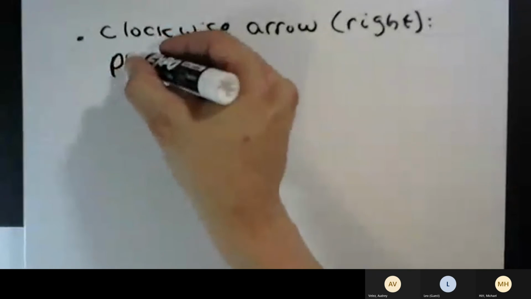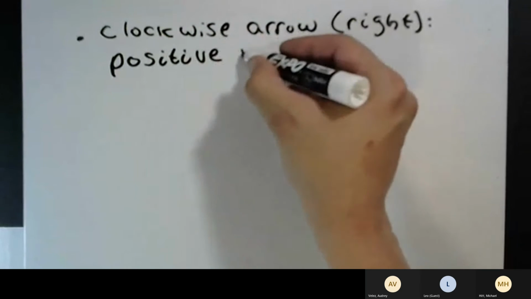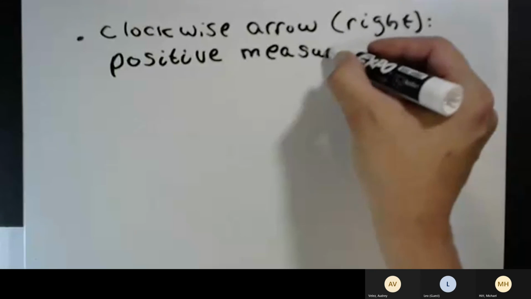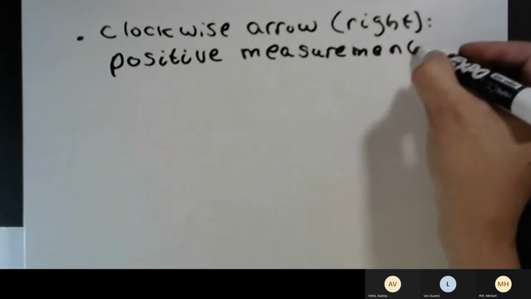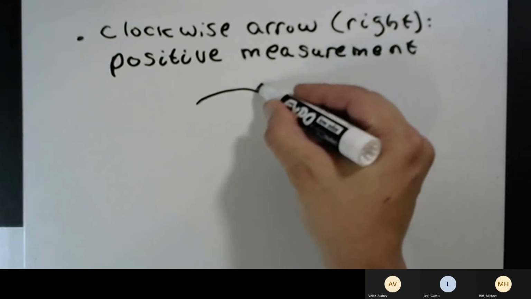This means you have a positive measurement. So you'll see something that looks like this.